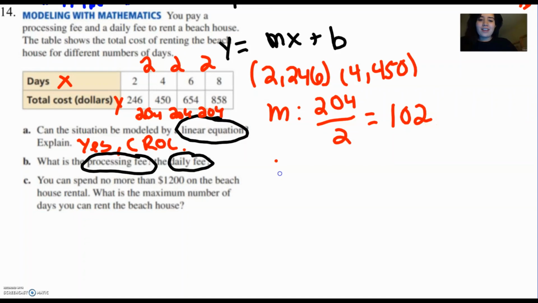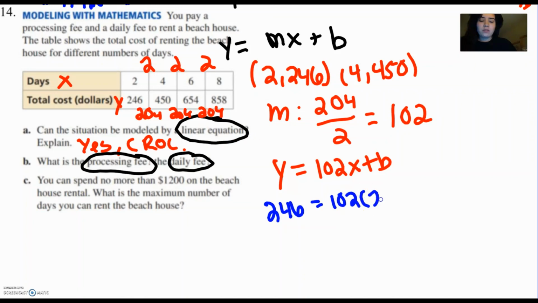And we're going to take our y equals 102x plus b, plug in x and y, and we get 246 equals 102 times 2 plus b.